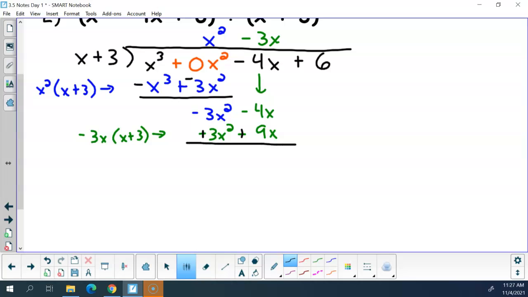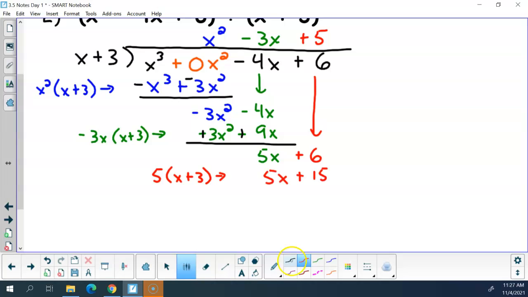Leaves me with 5x. Drop down 6. Multiply by 5x plus 15. Change signs. Leaves me with negative 9. Yes, ma'am.